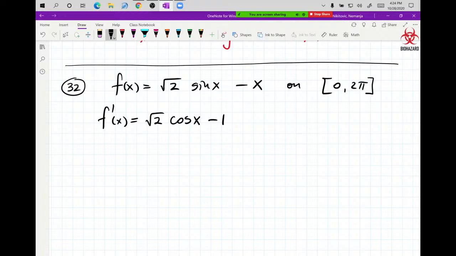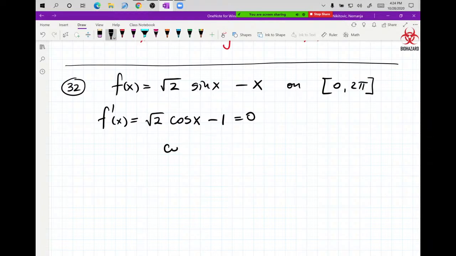There are no asymptotes and weird things happening here, so we don't have to worry about this function being not differentiable. There is a critical point when the function is not differentiable, right? So we just have this and we equal it to 0. And that will give us this equation to solve.